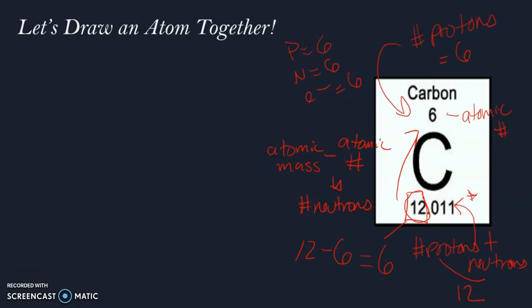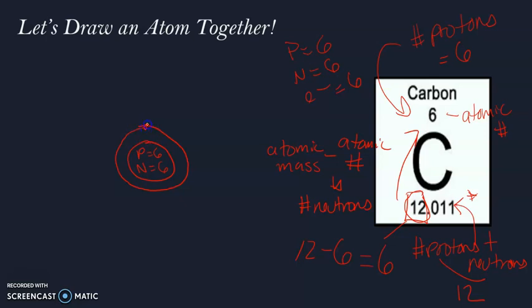So let's draw it and see what it looks like. I'm going to draw a circle in the center for my nucleus. Instead of drawing all those little dots for the protons and neutrons, I'm just going to write P equals 6 and N equals 6. So I know in there I've got my 6 protons and my 6 neutrons. My electrons I have to fill from the inside out. The shell closest to my nucleus can only fit how many? 2.